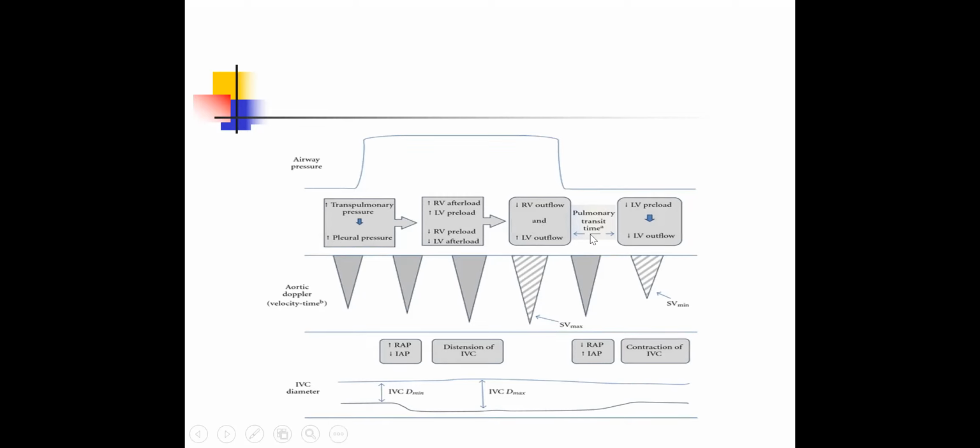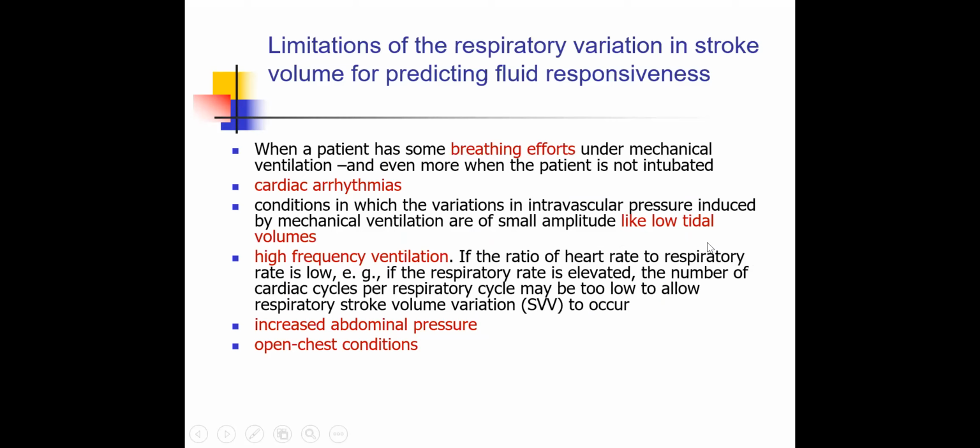And then after the pulmonary transit time, there is a decrease in LV preload and LV outflow, leading to a minimum of stroke volume. So these variations are plotted with respect to the ventilatory cycle.